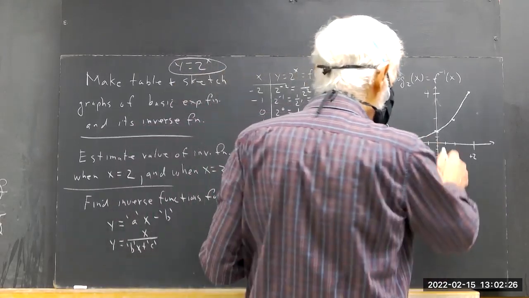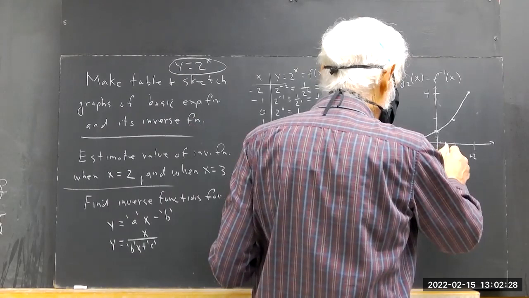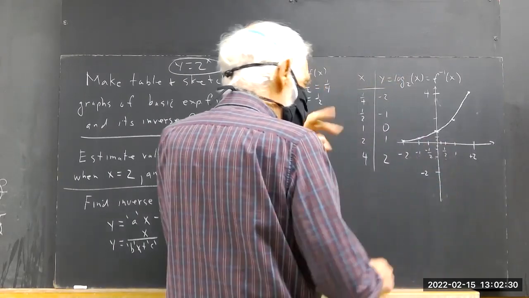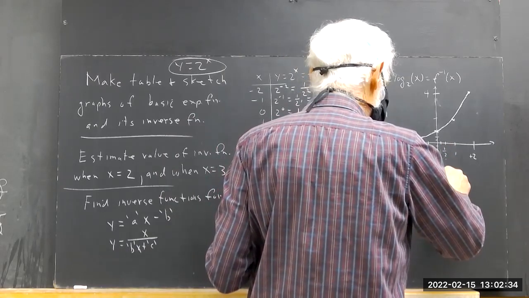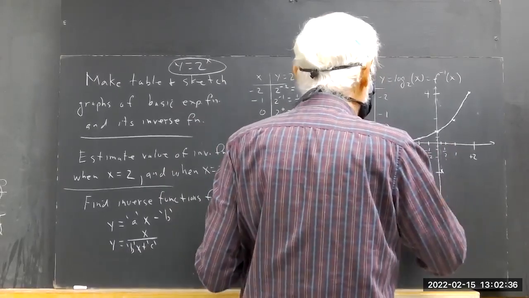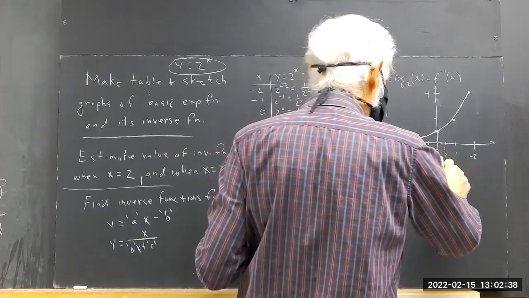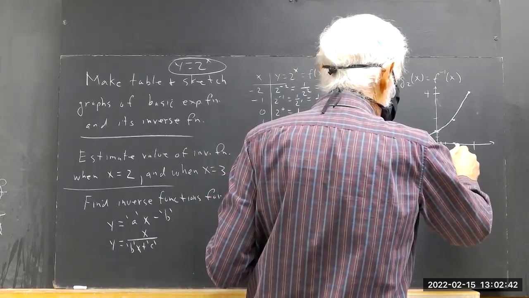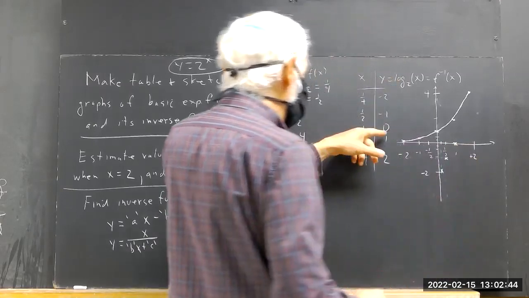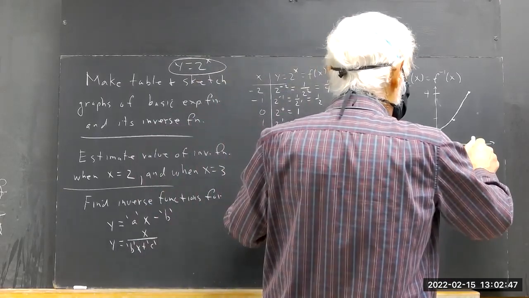Well, I don't even have 1/4 in this graph yet, but if I go halfway from 0 to 2, there's my 1/4. Comes down here and we got a point that's right about here. And when x is 1/2, we get -1. Well, -1 here, 1/2 is here, we get a point. And then when x is 1, y is 0, then we have 2, 1.